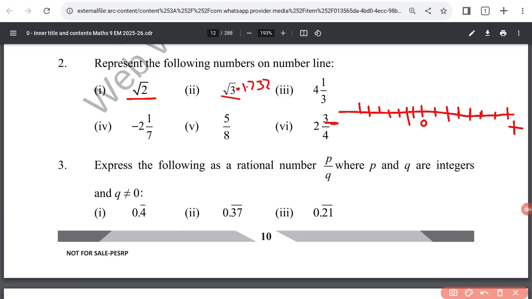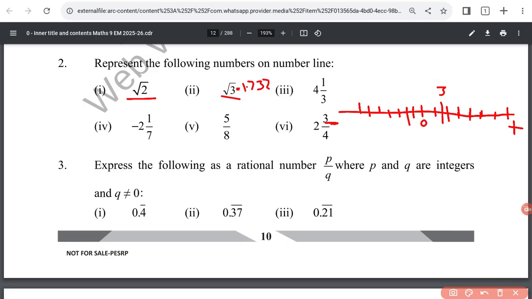So we need to mark a point between 1.7 and 1.8, so it is 1 and almost here. So square root of 3 will fall here.